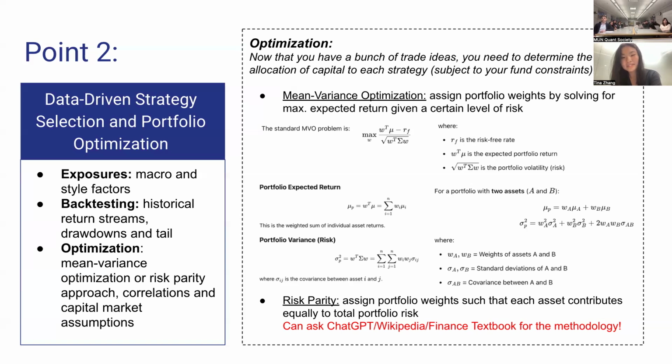And for all the inputs here, you basically just need the return streams, or what you think the return streams are, for the different strategies that you're running, which we calculated previously. Because then you would have your expected return and your vol, and you would be able to run correlation between different strategies. And then putting that all together, you will back out the weights that you would give each asset.